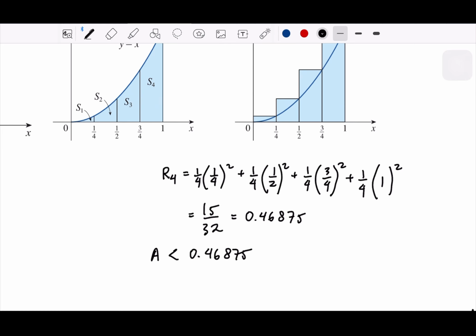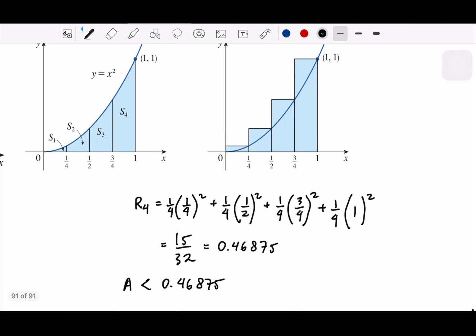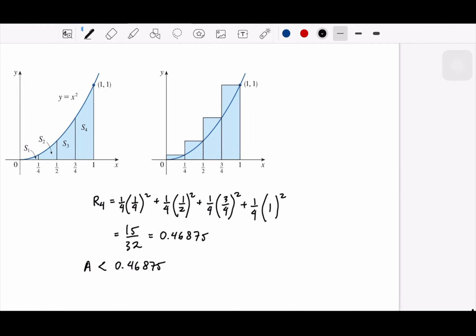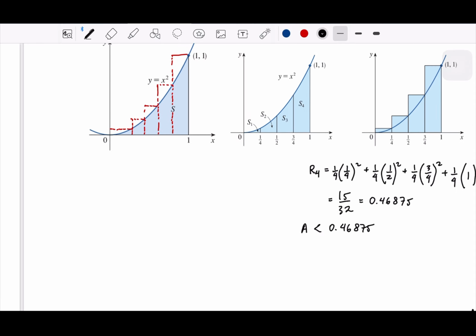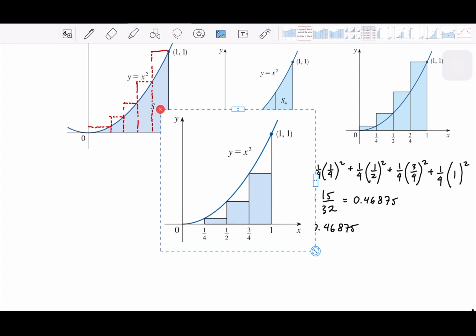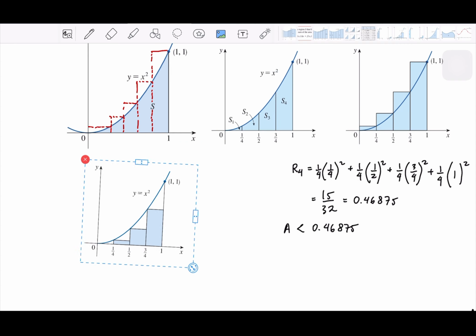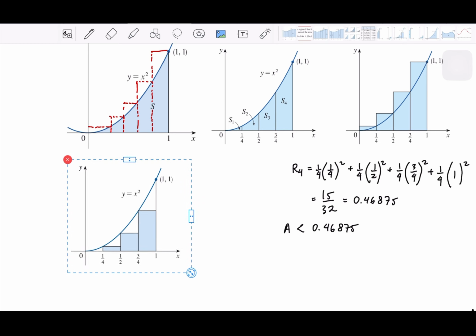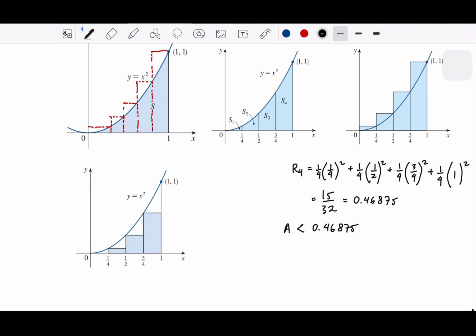And we could also try another alternative. Instead of taking this, we could go to the inside, so we take the approach for the rectangles like this.